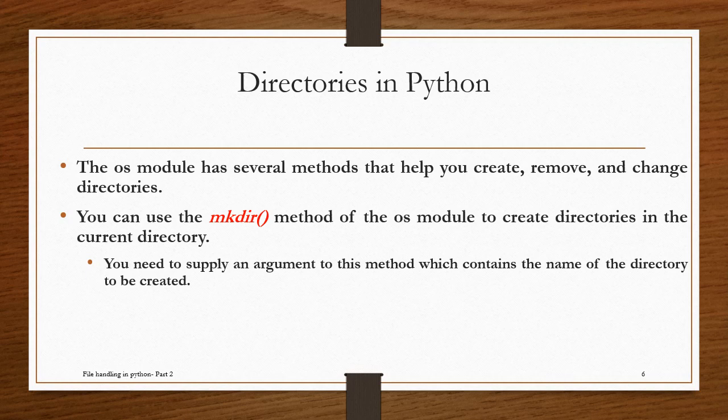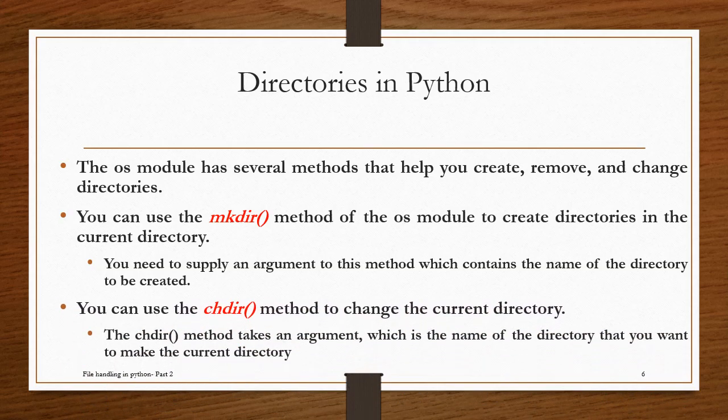You need to supply an argument to this method which contains the name of the directory to be created. You can use the chdir method to change the current directory.